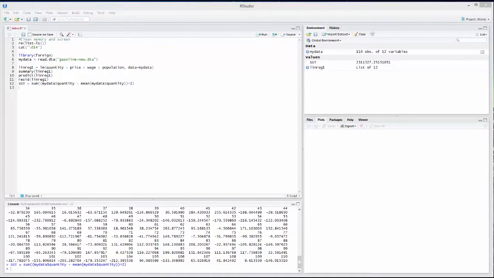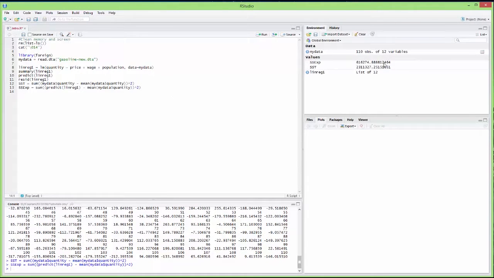I can do the same with the sum of squares explained by the model. So I call it SSExp. Sometimes it's called SS regression. Instead of using the quantity, I use the predicted quantity, so the quantity hat, minus the mean quantity, squared. We square the difference. I run the command and I get the SSE here.